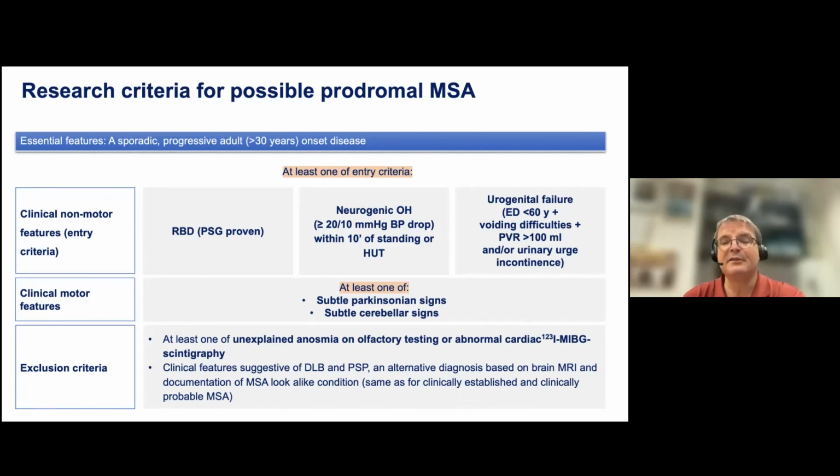Clinical features suggestive of dementia with Lewy bodies or PSP, or an alternative diagnosis based on brain MRI, or a documentation of MSA lookalike conditions, same as for clinically established or clinically probable MSA, are also exclusion criteria. So these criteria serve to highlight the early stages of potential prodromal MSA, and it remains to be seen whether they are useful for research and clinical practice.